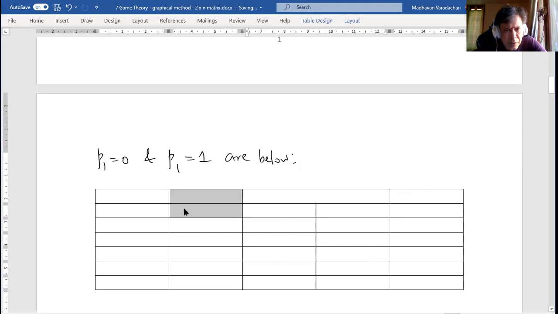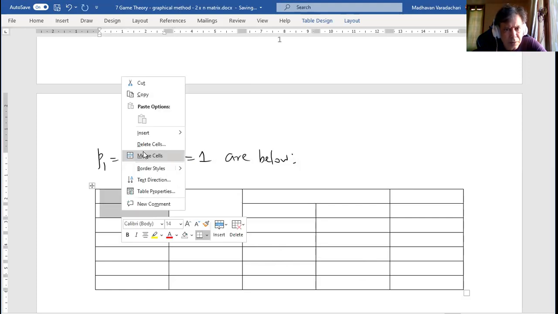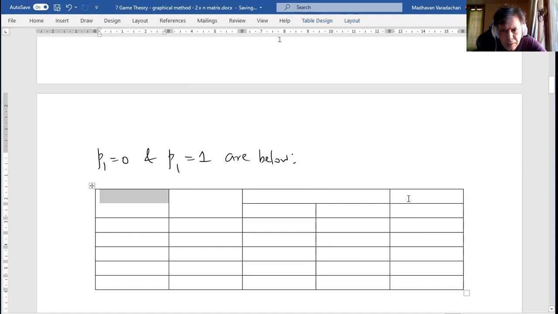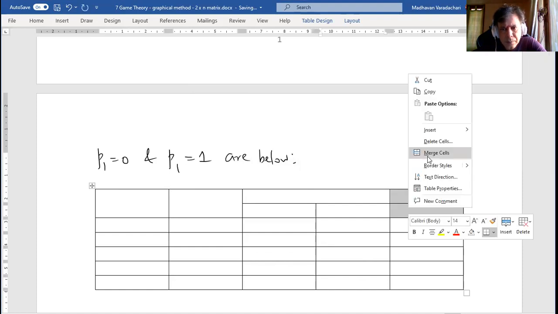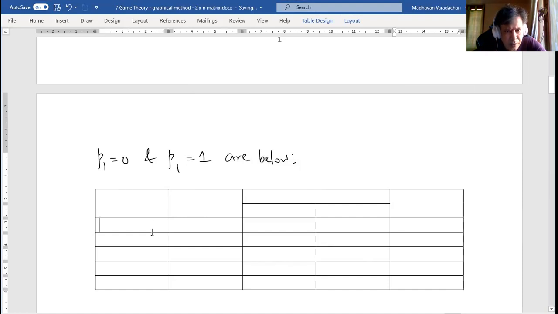Here, I'll merge this. Here also, I'll merge this and this. Why? Because there are 5 alternatives for B. So we'll say this first column as B's alternatives.